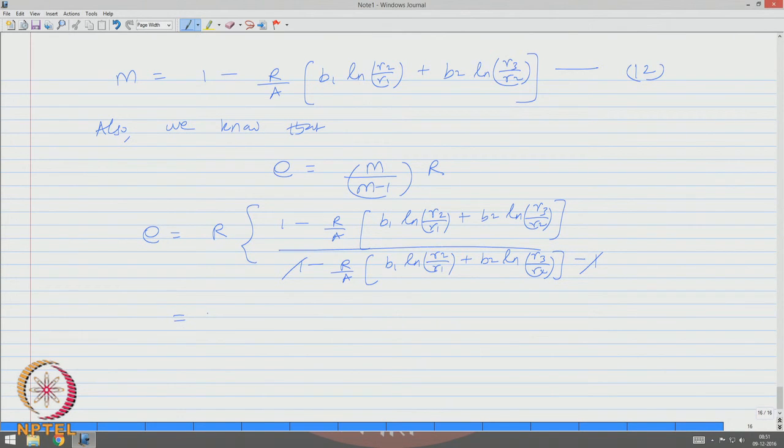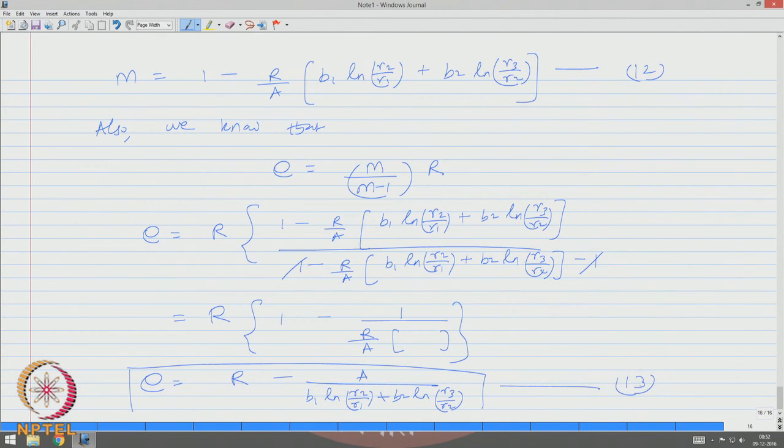So, this can be said as R times of 1 minus 1 by R by A of this expression, which can be said as E is equal to R minus A by B1 log R2 by R1 plus B2 log R3 by R2.